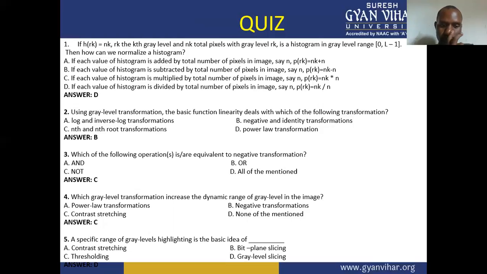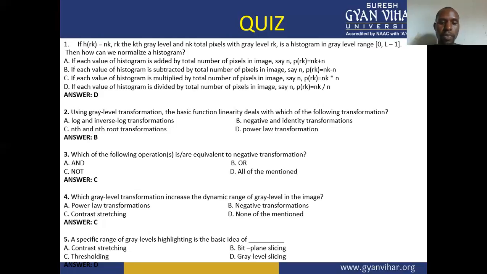Under the linear, we looked at the identity as well as the negative transformation. Under the power law, we looked at the nth power and the nth root transformation. Under the log transformation, we looked at the log transformation and the inverse log. Now, having said that, the answer is B, where the linear function deals with negative and identity transformation.